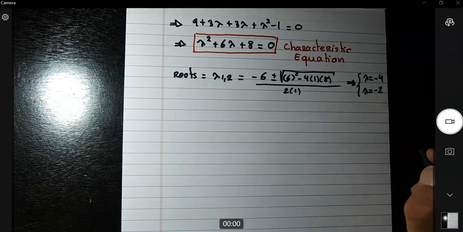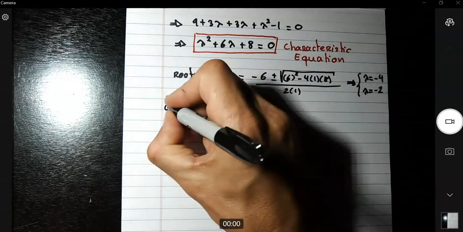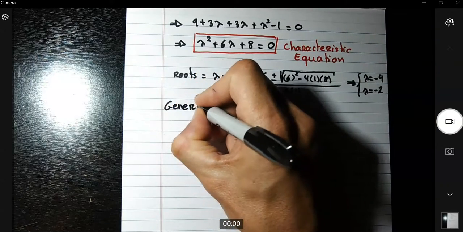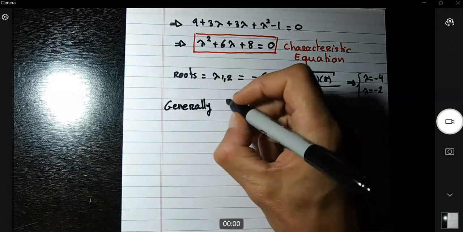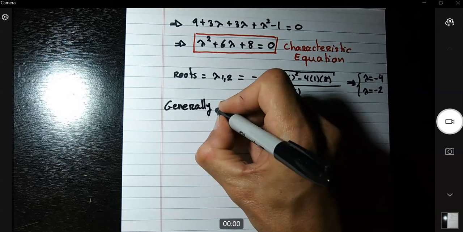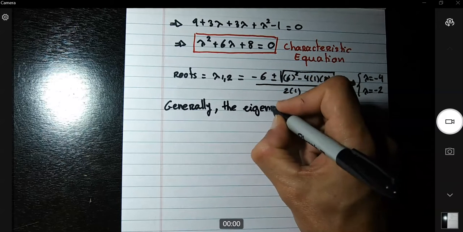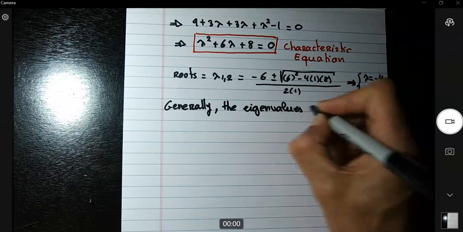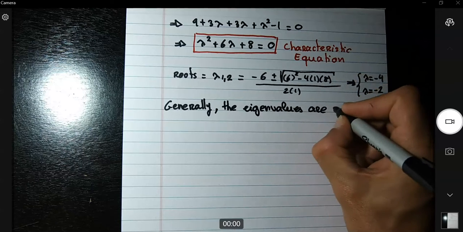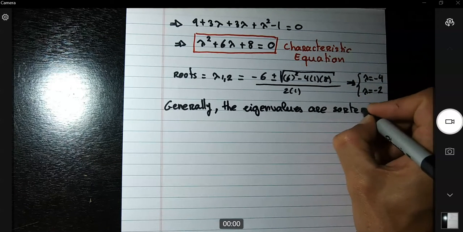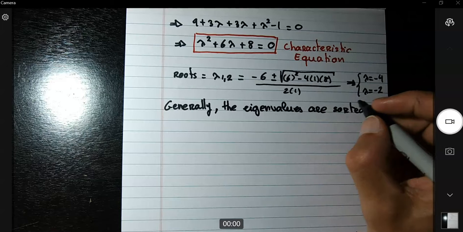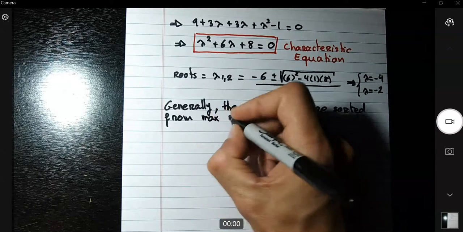Okay? So it doesn't matter which order you put them, but generally the eigenvalues are sorted from max to low.